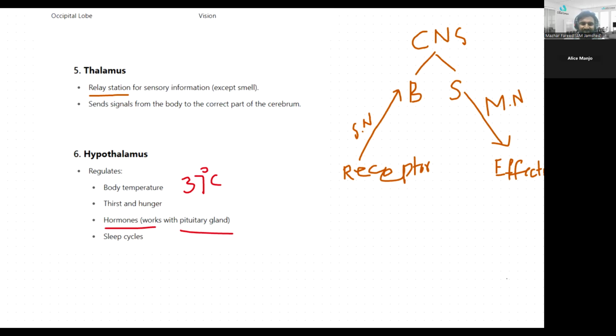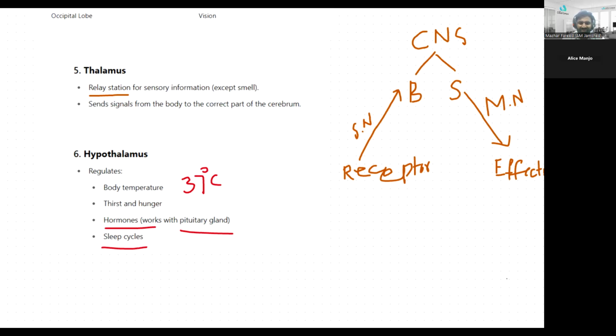And it also controls the sleep cycle. Our body needs 6 to 8 hours of sleep. Sleeping is very important when we are working in the day in a hectic routine. Some neurons are denatured, some neurons break down with oxidative stress during the day.